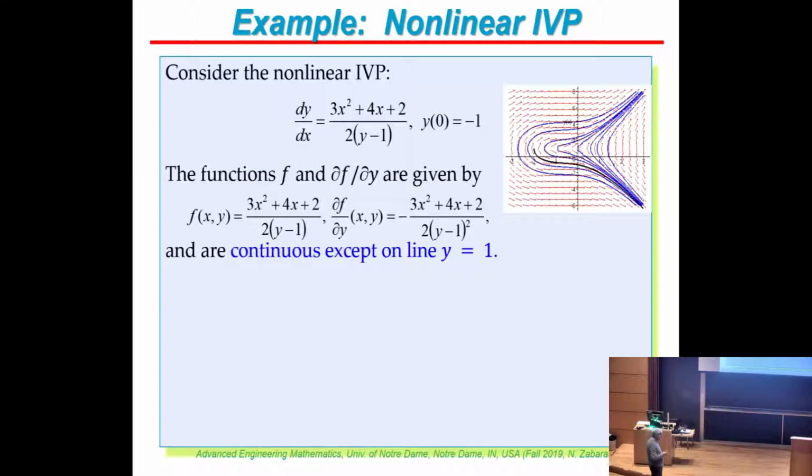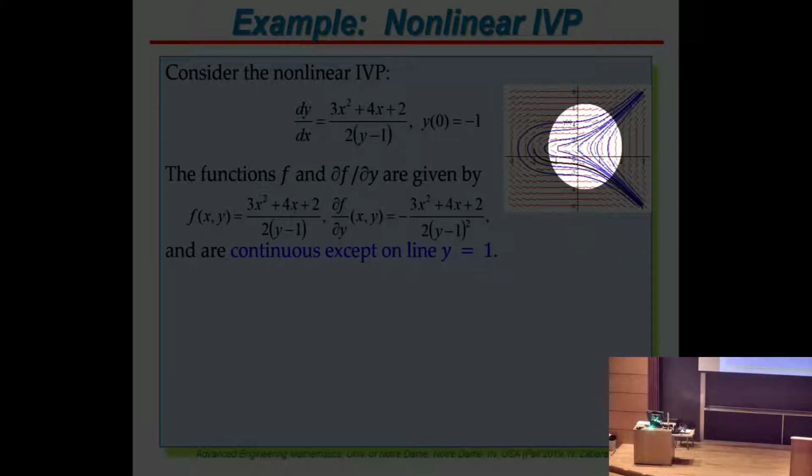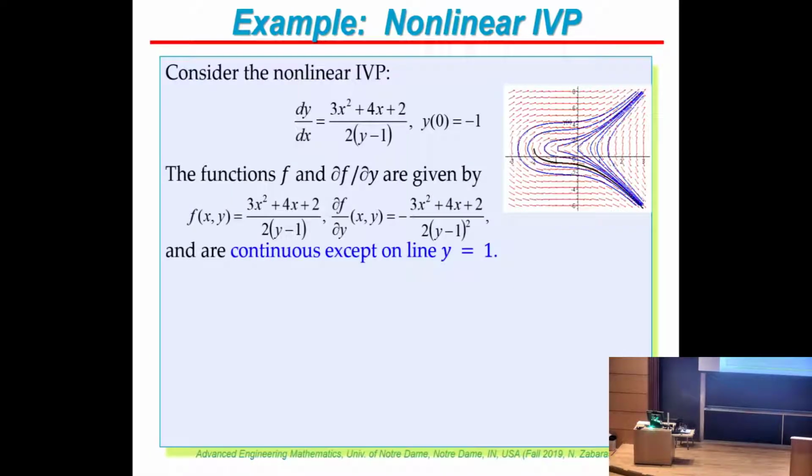All right? So the theorem fails. I cannot say to you that there is a solution, and certainly cannot say that it's unique. And the way to see the failure is to notice when you try to solve this ODE, you compute two solutions, and the theorem only refers to existence and uniqueness.